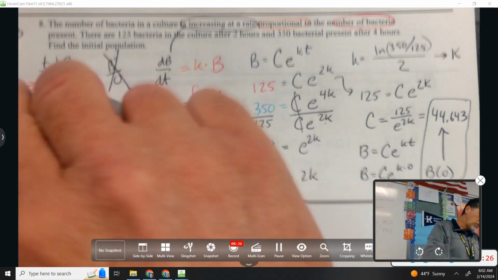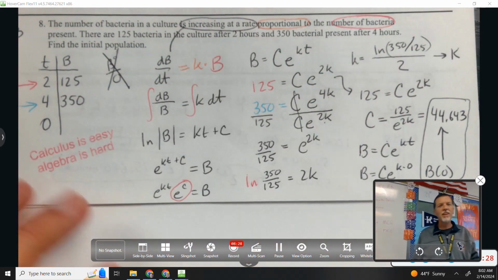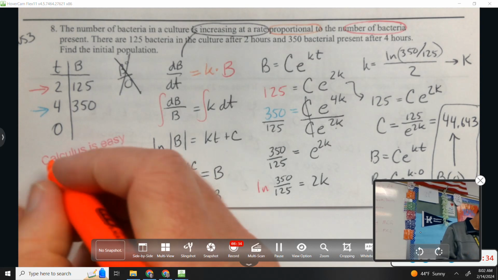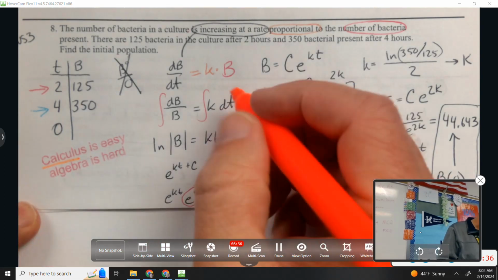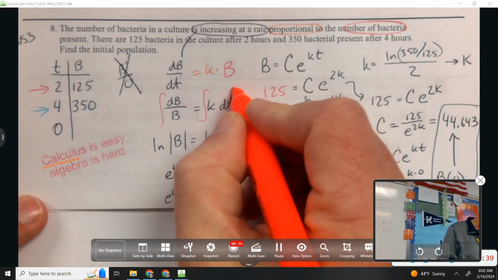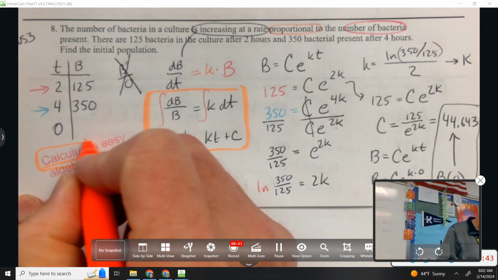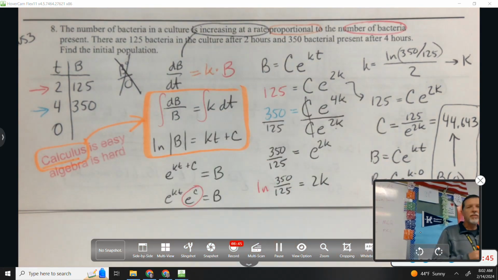More so than most, that's deserving of the saying: calculus is easy, algebra is hard. Because the only calculus step in that problem was right there. Everything after that was algebra.